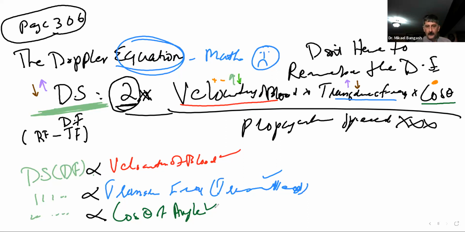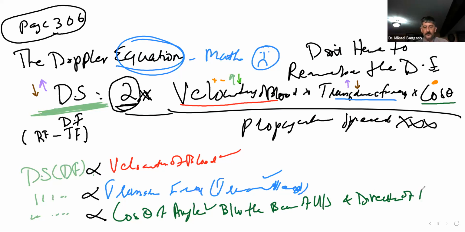Now let's elaborate the angle here. It's between the beam, what beam, of our ultrasound, and the direction of blood flow.